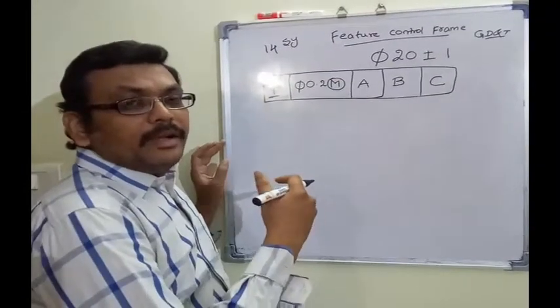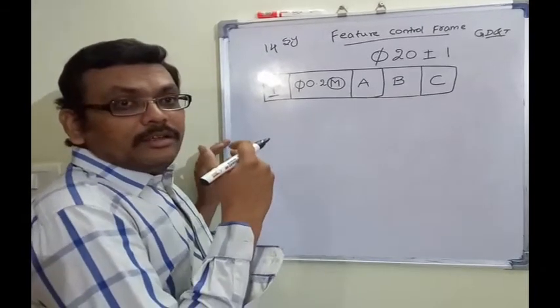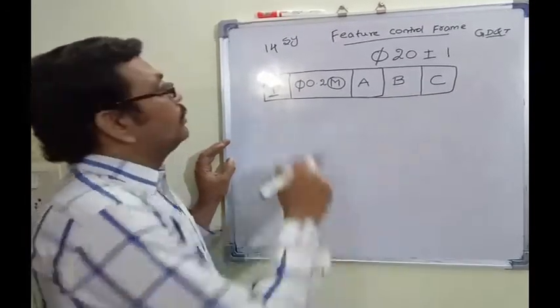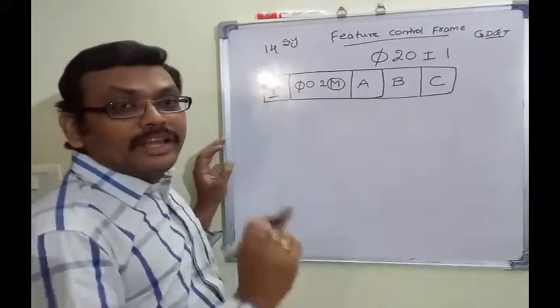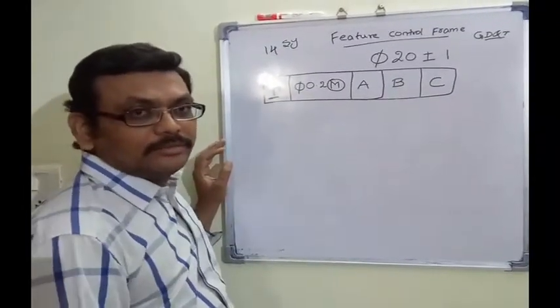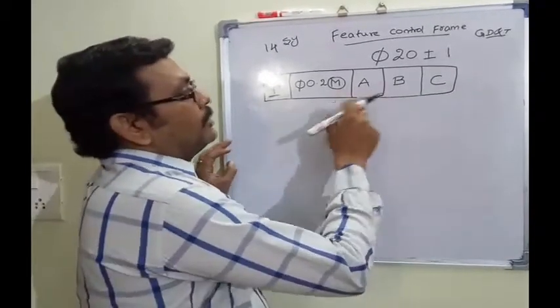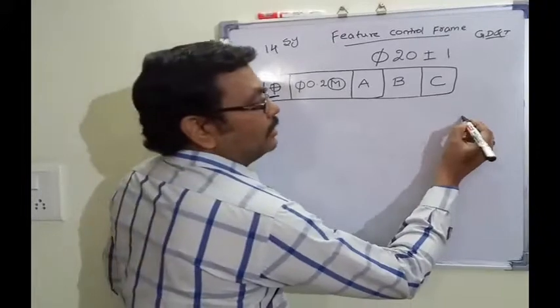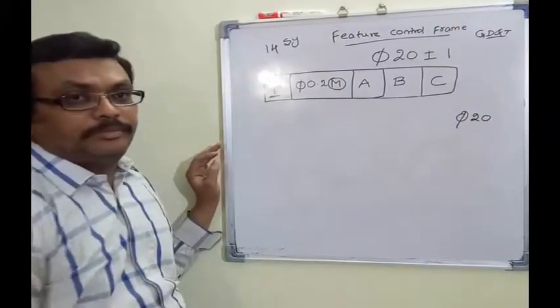So depending on the application and depending on the feature, we are going to use all these 14 symbols wherever it is required, right? So this is for dimensioning a 20 diameter hole.